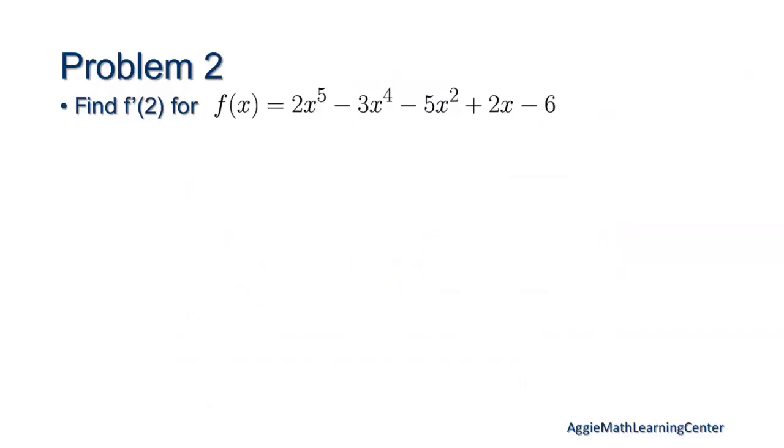Okay, so for this one, we need to find the derivative of the function and then evaluate it at 2. So I'm going to have f prime of x equals 2 times... do you guys want to just shout it out?